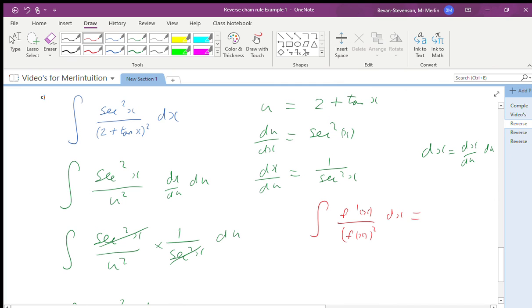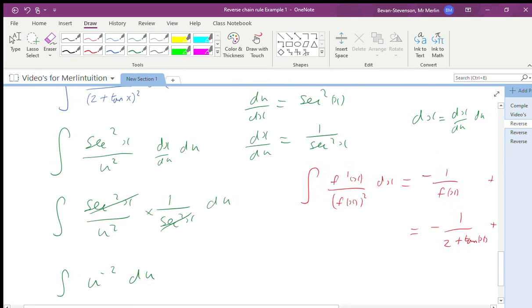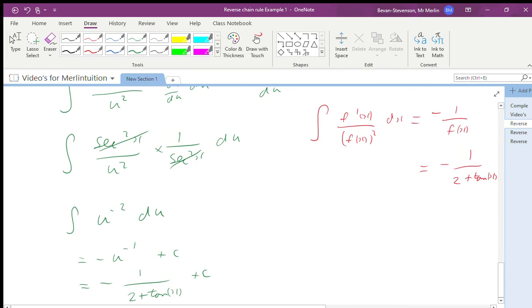We are directly in that form with no k's, so that is going to integrate to minus 1 over f of x, because x to the minus 2 integrated, divided by minus 1 plus c, and so that is just minus 1 over 2 plus tan x plus c, which is unsurprisingly what we got before.